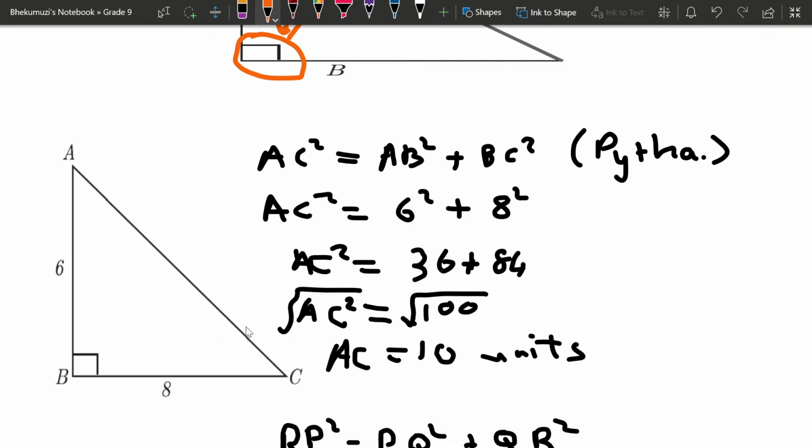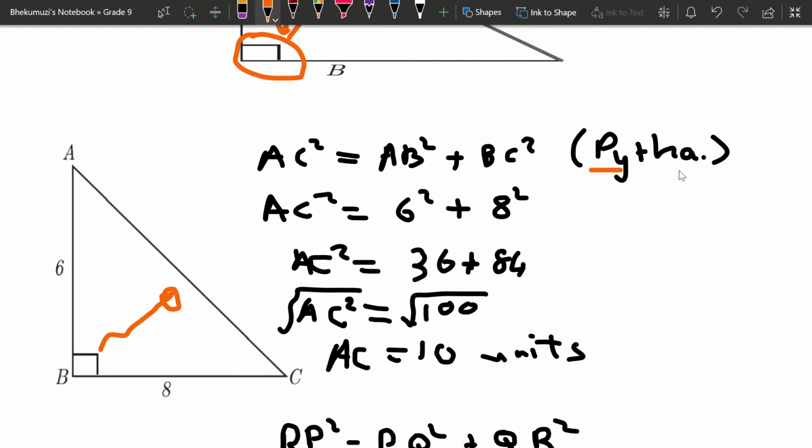So a quick example is that if we have a right angle triangle where you can see the right angle is pointing towards the hypotenuse, that would mean that the hypotenuse is AC, right? So therefore, the other two sides will be AB plus BC.